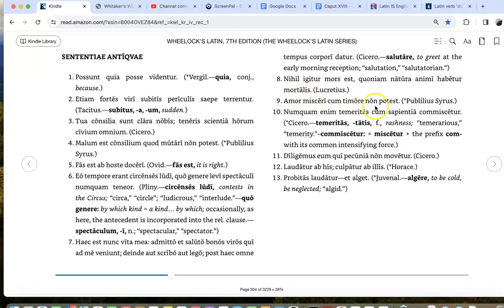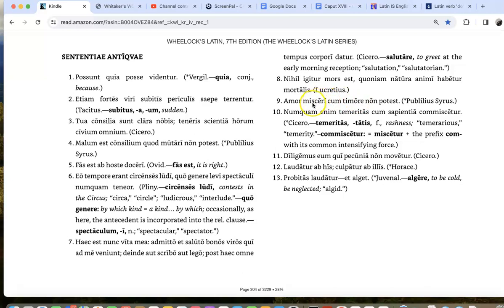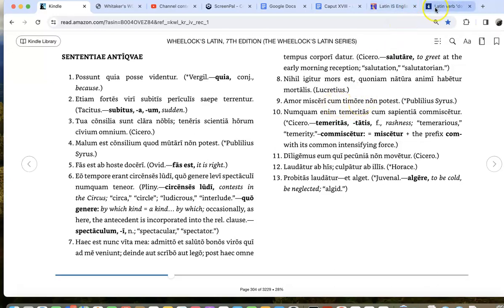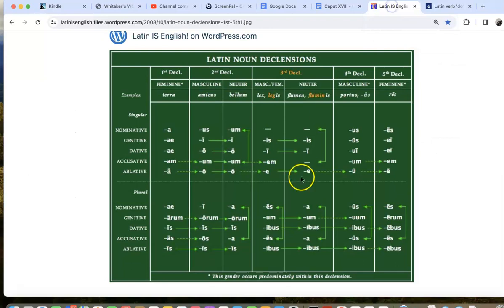Love, amor, is not able, non potest, to be mixed, there's our PPI, cum timere, with fear, timid. Notice that cum is followed by the ablative, third declension, ablative singular is E. That one's fairly straightforward.